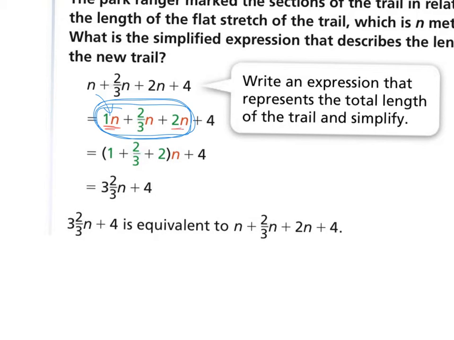We're just adding these together, so I can change my order. 1n plus 2n would be 3n, plus 2/3 would be 3 and 2/3. So 3 and 2/3 n plus the 4. The 4 is just a constant that's just got to go in behind there by itself. So 3 and 2/3 n plus 4 would be our total length of the trail.